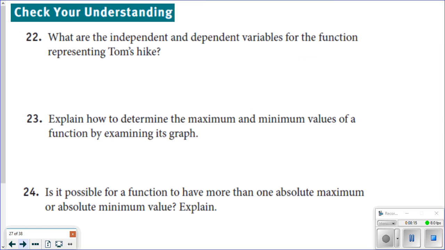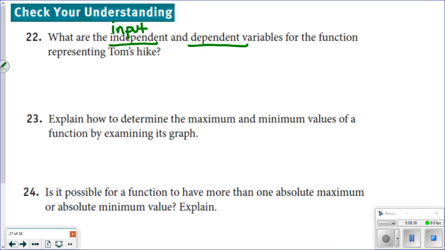All right, question 22. What are the independent and dependent variables for the function representing Tom's hike? Remember, independent is our input, which is our domain, which is our x values.